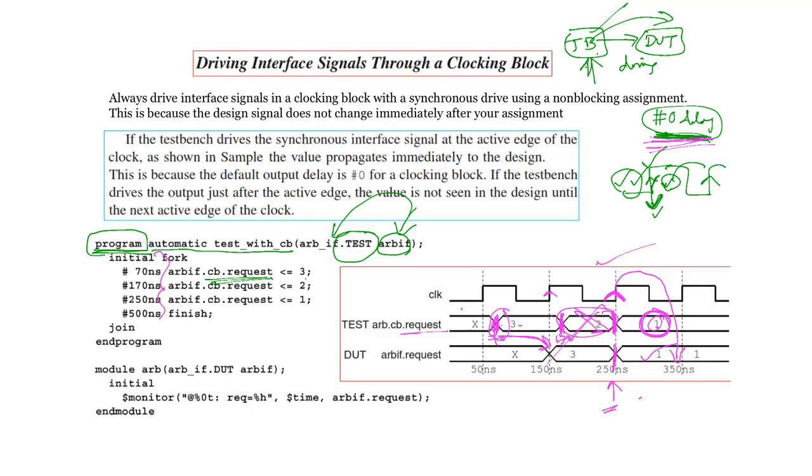Remember it. Okay, while driving the interface signals to the DUT, you must use non-blocking type statements, and while sampling the interface signals, you must use blocking assignment statements. Remember this important point.